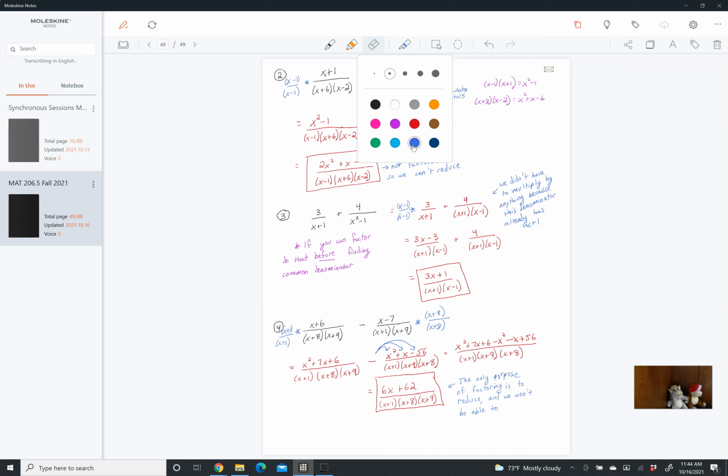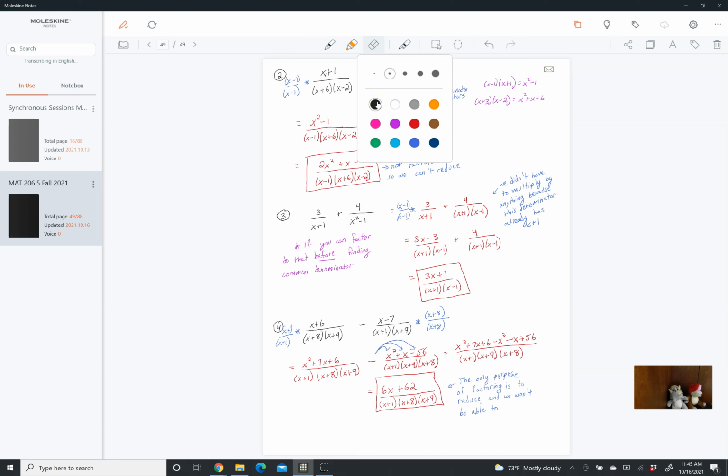So even though 6x plus 62 can be factored into 2 times, in parentheses, 3x plus 31, 3x plus 31 can't be canceled with anything. So we don't have to bother doing that. Okay.